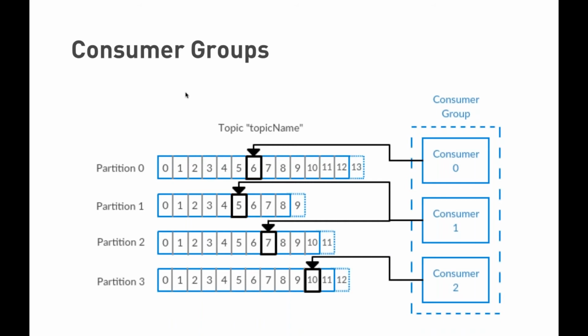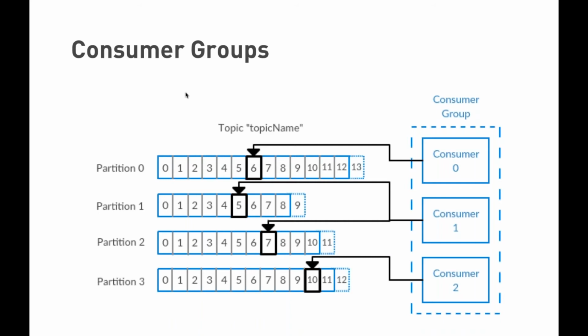When there is an uneven match of consumers with the available partitions, Kafka will automatically balance the available partitions with consumers. So in this case, consumer 1 is going to read from partition 1 and partition 2, while the remaining consumers are dedicated to each of the partitions that are available.